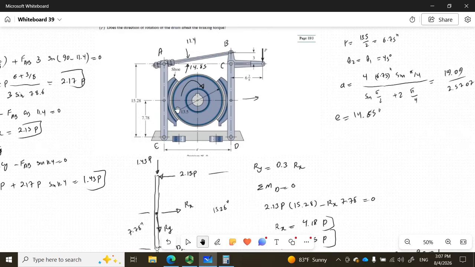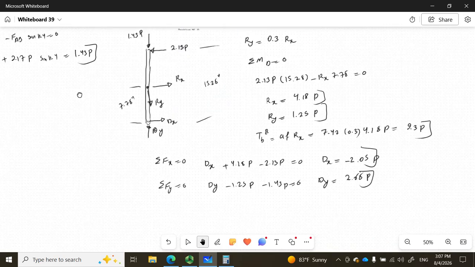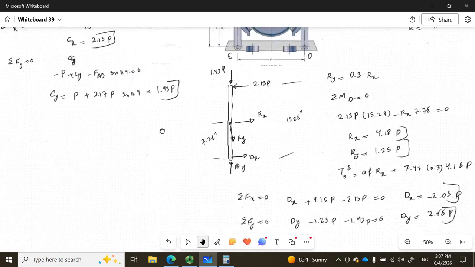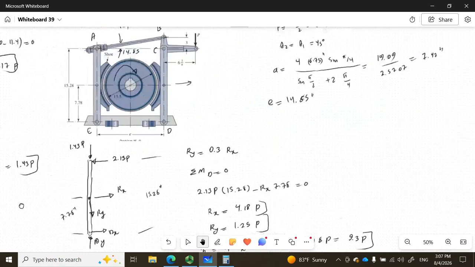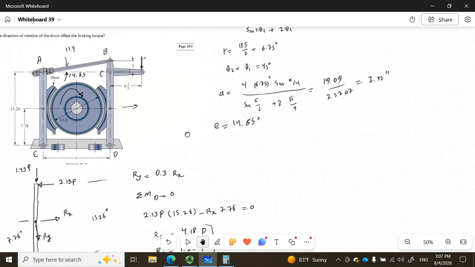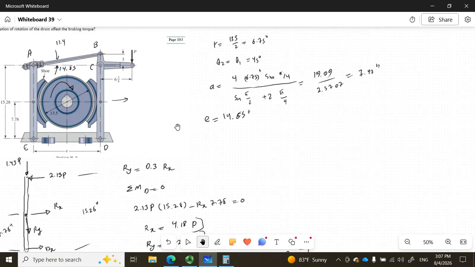So let's look at the left one now. Let's see, where can I find a spot? Maybe this is a good spot. Let me do it here. Let's do this arm here.